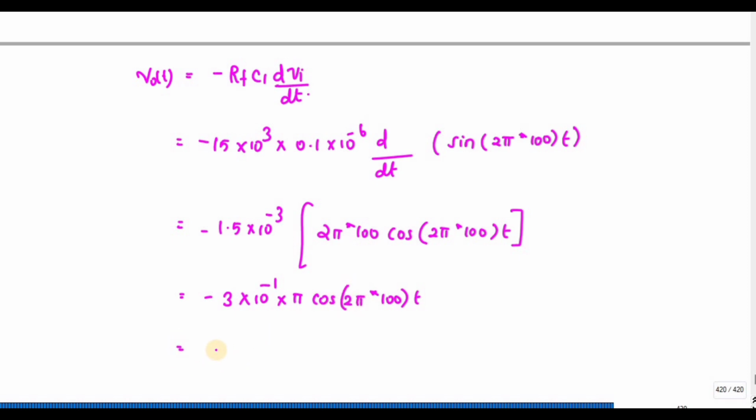So on solving this one, you get minus 0.942 cos of 200 pi t. Okay, so this is approximately equal to minus cos of 200 pi t.